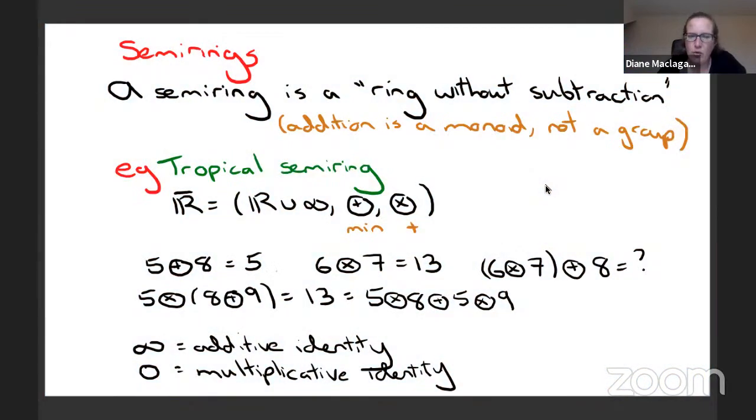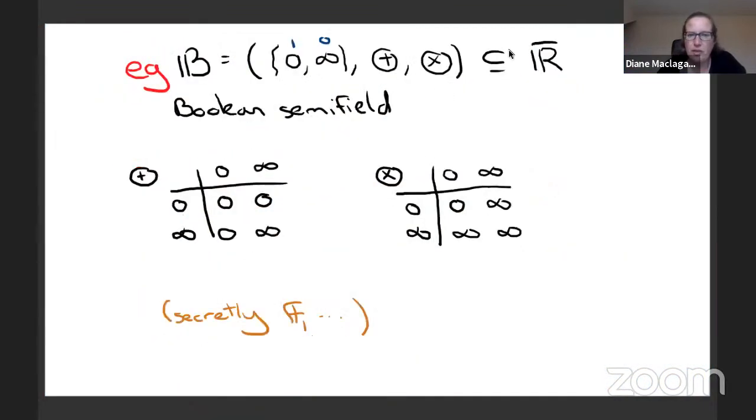Let me give you one more example, and that's the Boolean semi-field. If you look at just the subalgebra of the tropical semi-ring R bar, consisting of just 0 and infinity, with the same operations, min and plus.